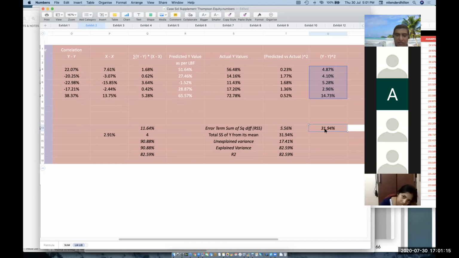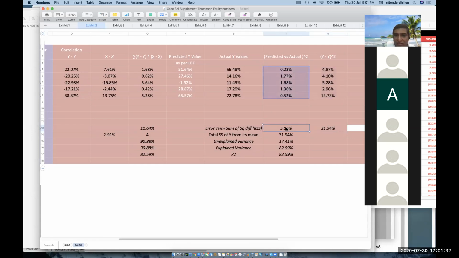So now let's stop here and pause and see the interpretation of this. 31 or 32% is nothing else but the variance, the sum of all squares of Y from its mean. 5.56 is the variation between the predicted value of Y versus its actual value.